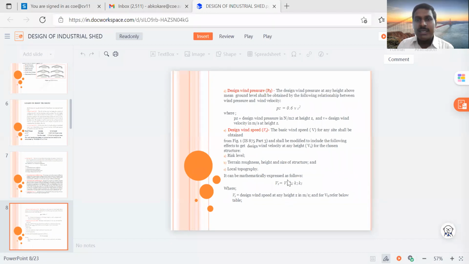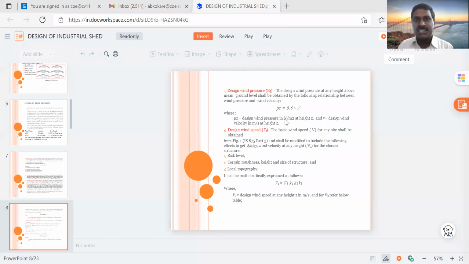So here VB is the basic wind speed, and that basic wind speed depends on the locality of your building. In the IS 875 part 3, they have given the basic wind speed overall in India. They have divided the country into zones, and they have given the basic wind speed for the particular area.